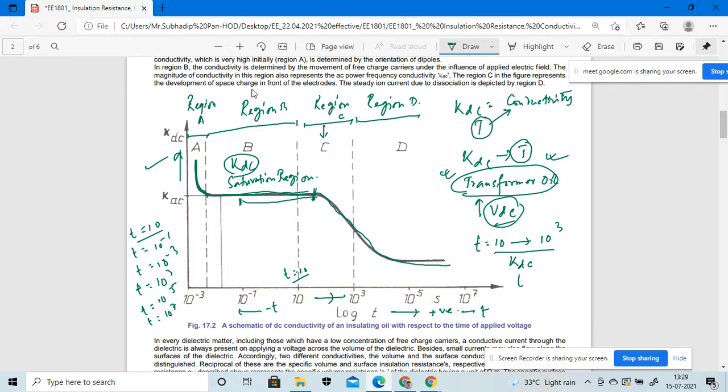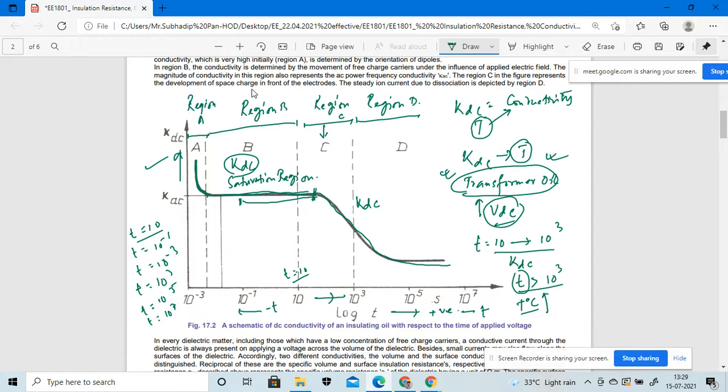When t is greater than 10 to the power 3, we will see that my K DC will be decreasing. That means the conductivity of the transformer oil will decrease if I increase the time. As we increase the time, the temperature of the transformer oil will increase.